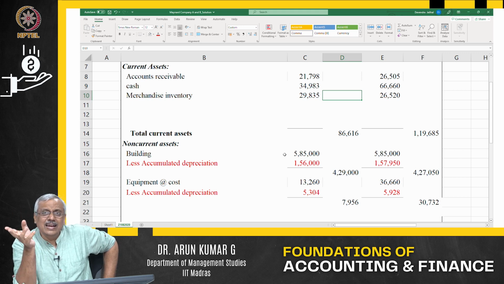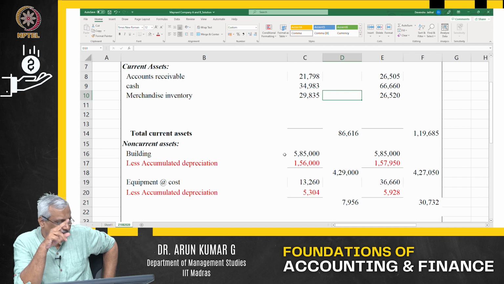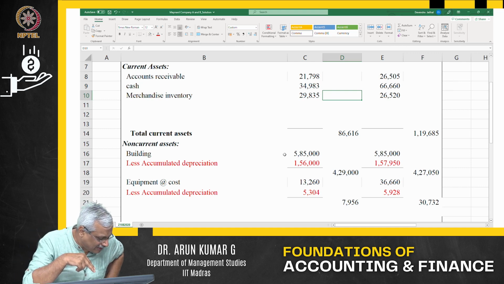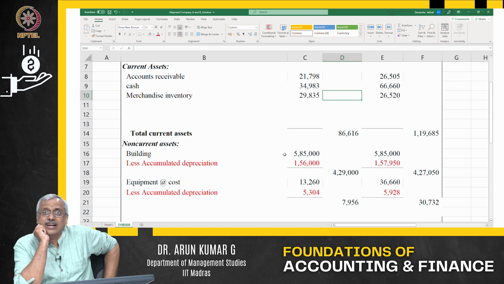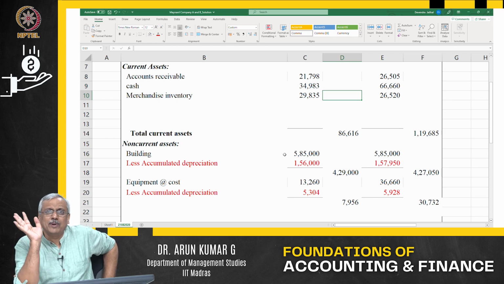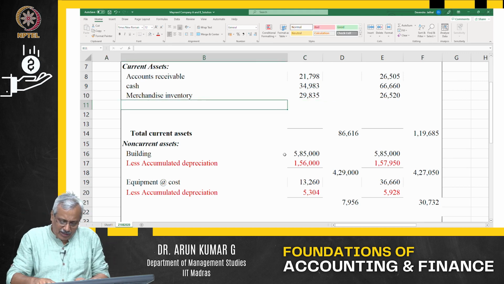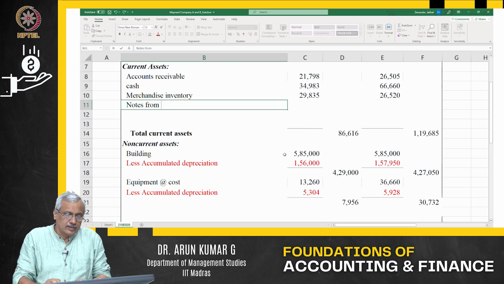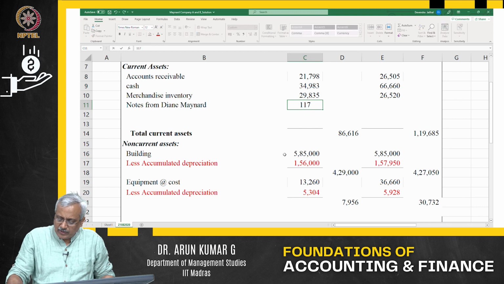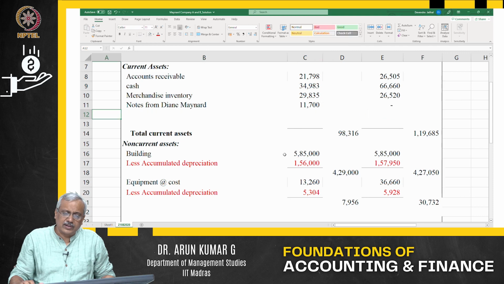Now, the lady Maynard owes 11,700 rupees to the company as of 1st of June. As of 30th of June, she does not owe anything, she has paid it off. So, when I say notes receivable from Maynard, if you look at it, it is 11,700 and it is 0 in this particular case.